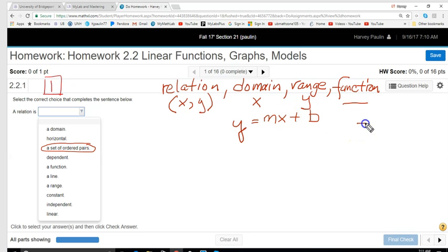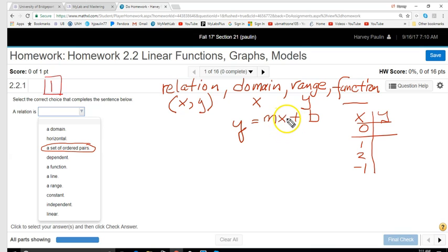Now, as we make a t-chart and put in various values for the x term, like a 0, a 1, a 2, a -1, these values, or the x value, are considered the independent variable.